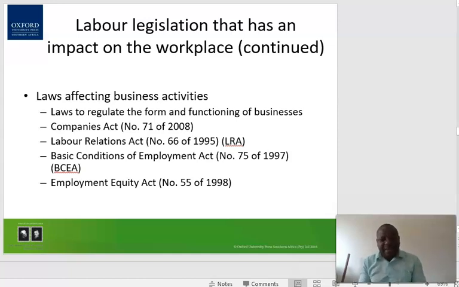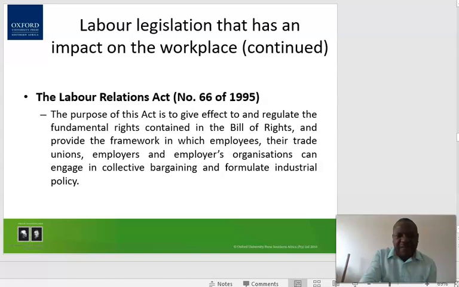The Labor Relations Act is also important. Then the Basic Conditions of Employment Act and the Employment Equity Act. So you need to understand the main requirements for these labor legislative acts that we ought to cover in this course.